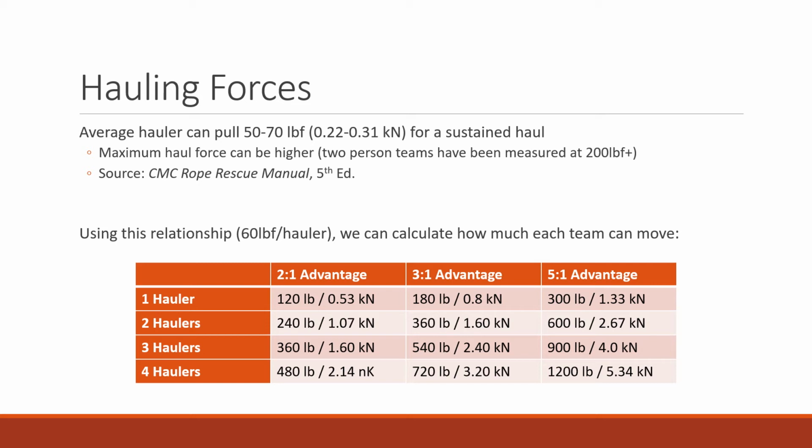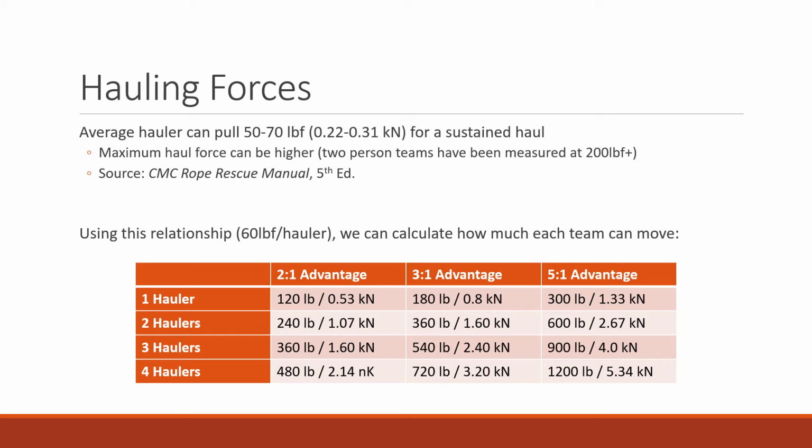I need 2 people for that because I can't pull that much. So 2 people can generally pull one person up with a 2-to-1. As we go to a 3-to-1, we're able to move 1.6 kilonewtons. That's a little bit better. With 3 haulers, we can move 540 pounds, 2.4 kilonewtons.